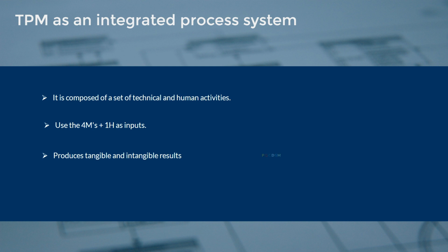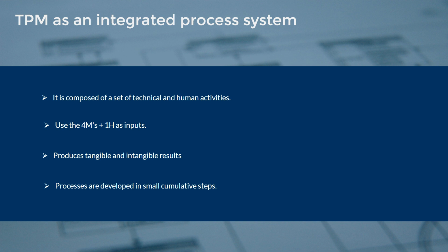Tangible results are usually defined in TPM practice with the measures PQCDSM, or productivity, quality, cost, delivery time, safety and environment. The intangible results are related to the transformation of the company's culture, development of new work habits, and behaviors that affect people's productivity.